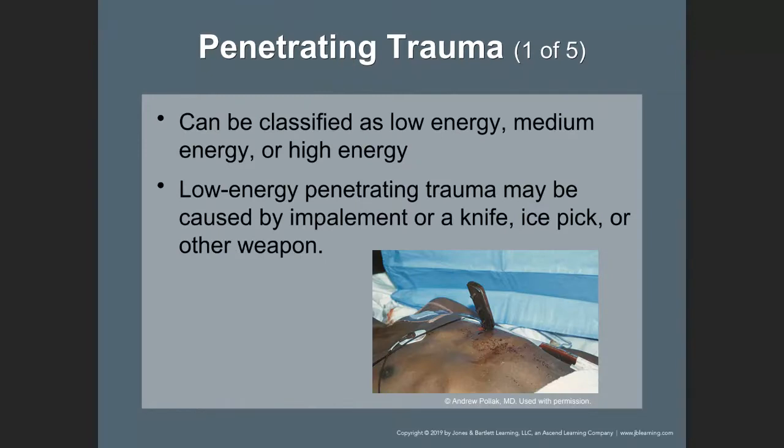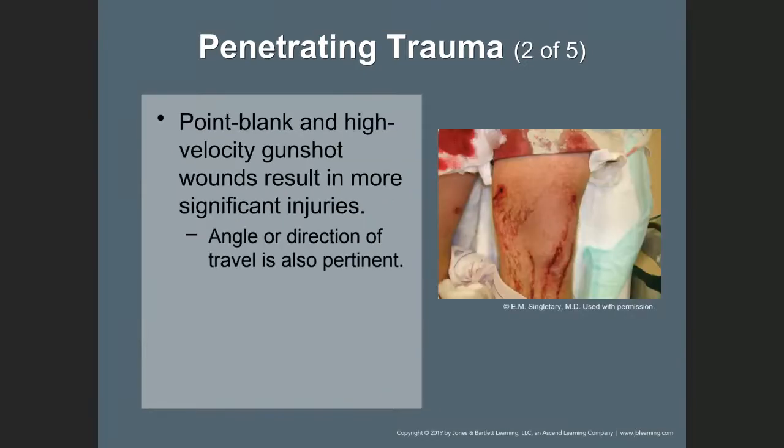Now let's look at penetrating trauma. It can be classified as low energy, medium energy, and high energy. Low energy penetrating trauma may be caused by impalement or a knife, an ice pick, or other weapon. Point blank and high velocity gunshot wounds result in more significant injuries.